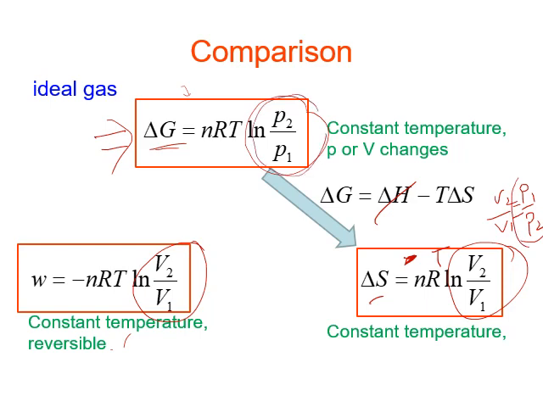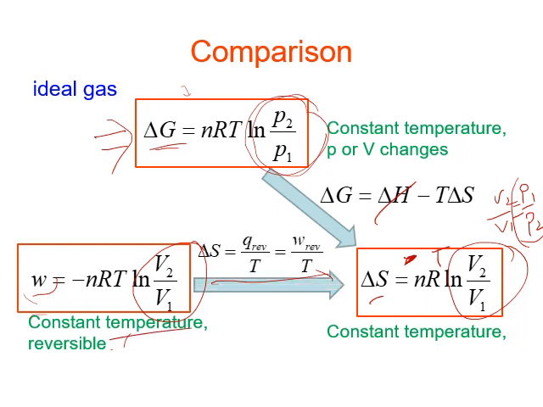How are the other two related? For a constant temperature, reversible work equals negative heat. So the entropy is calculated by negative W divided by T, and that gives you the entropy equation.